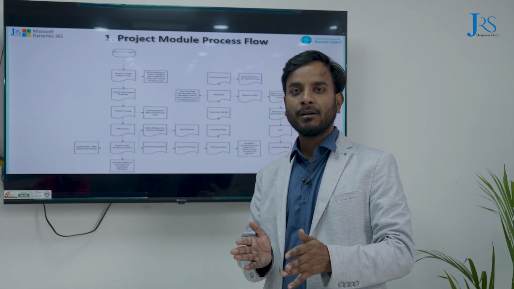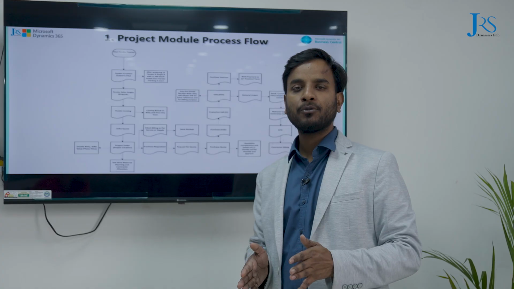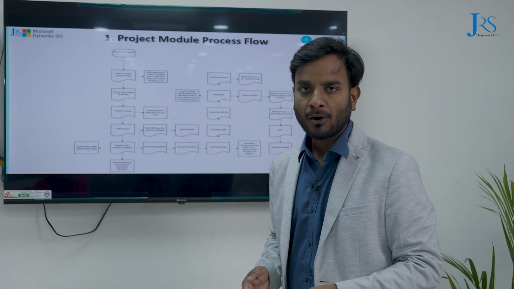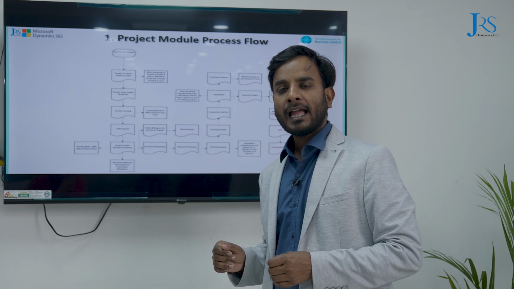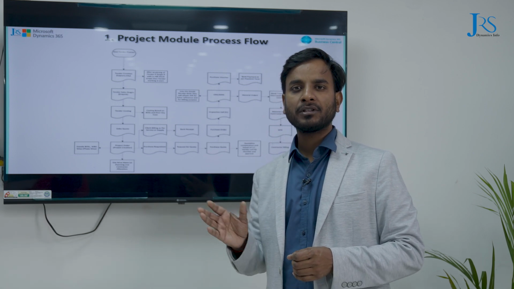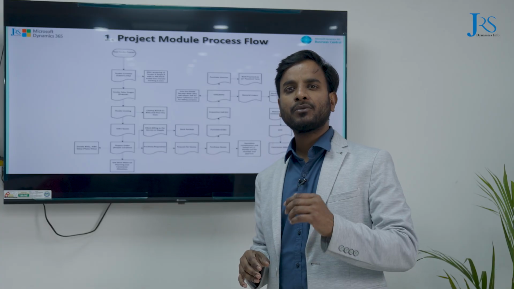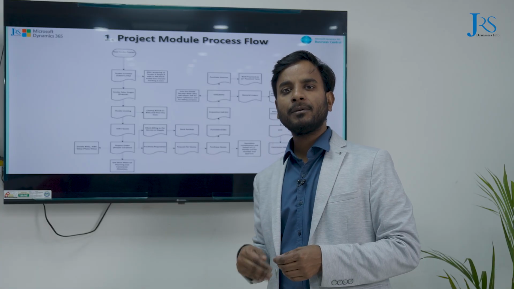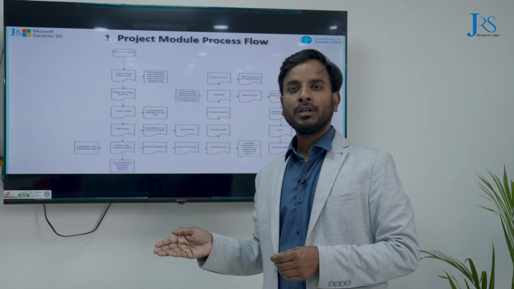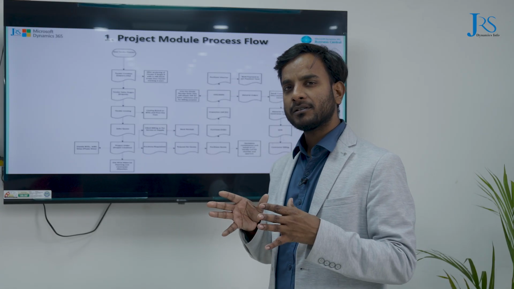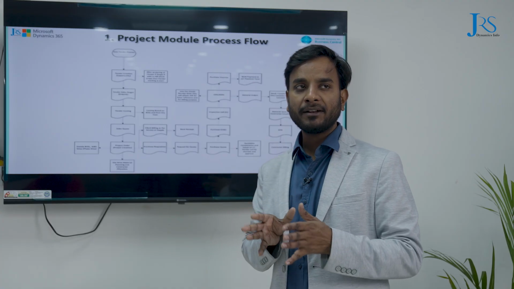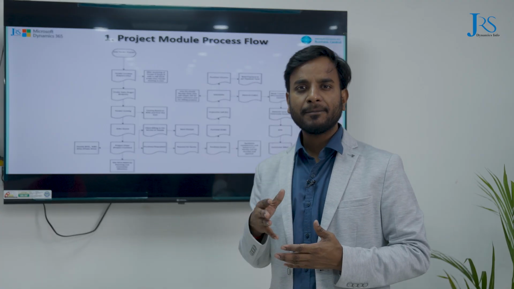If there is any revision, for example, based on the LOI we have to use only 10 pieces of a particular product, but based on the survey we have to use 12 pieces, that will go for a revision of the LOI. All of that process is handled from the system, so there is better visibility for every organization.